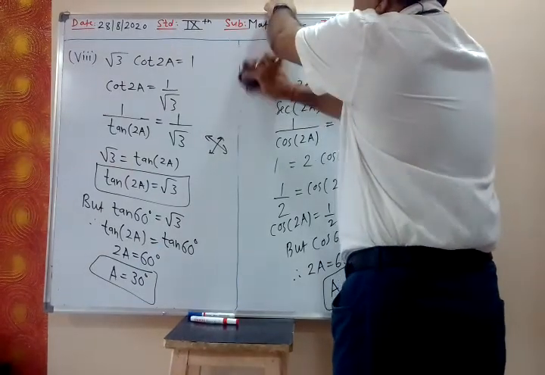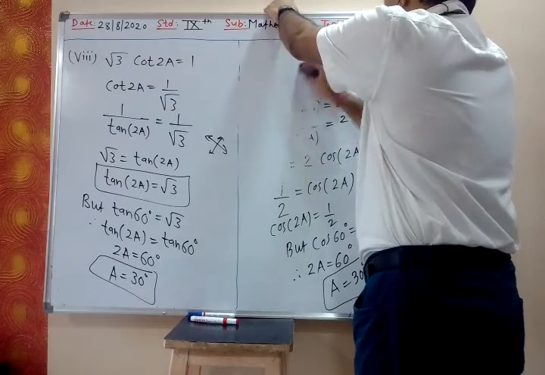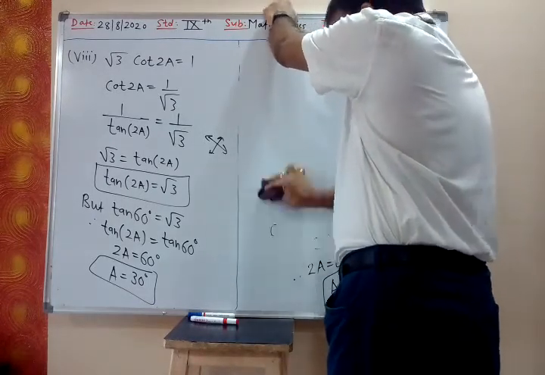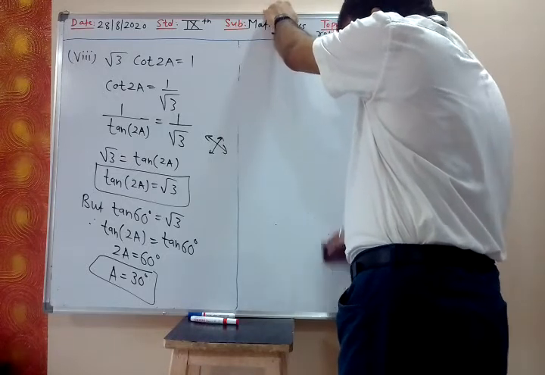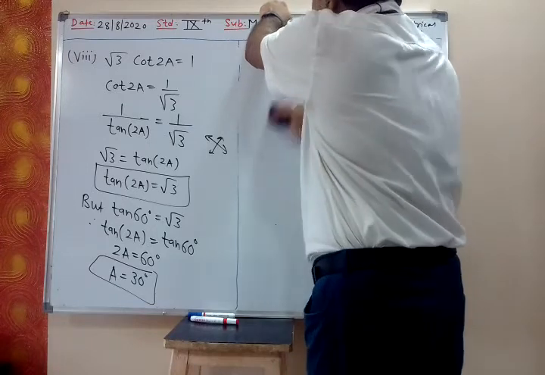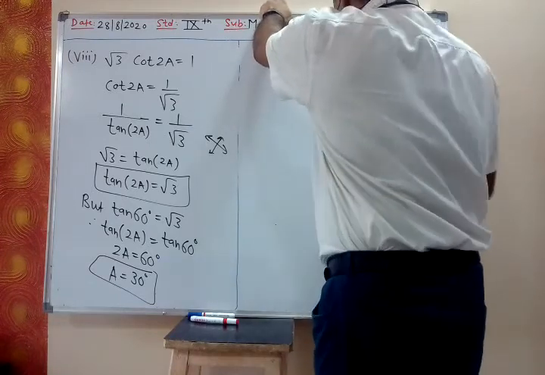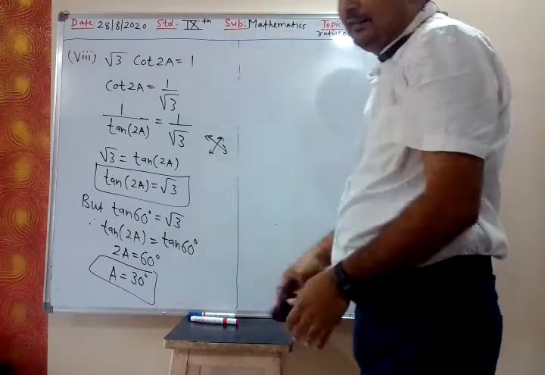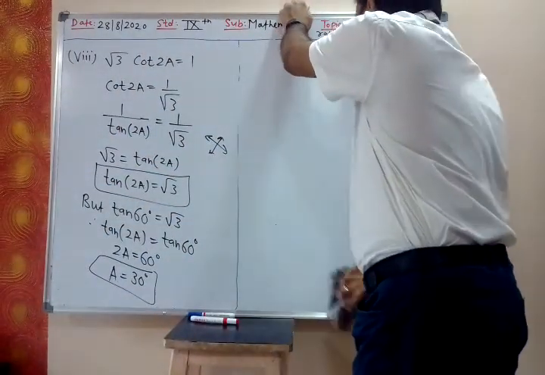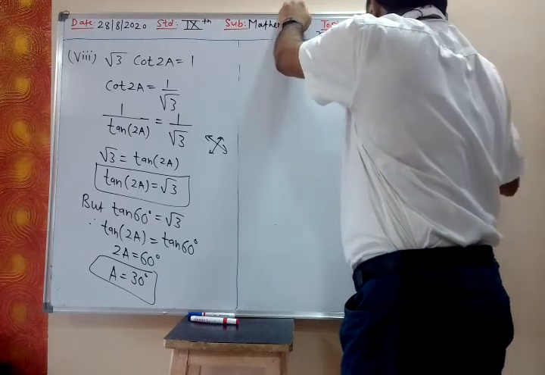Yes, you can directly put the value. Now what we can do? The problem which they have given, answer is coming 30. So now second I will do only one.